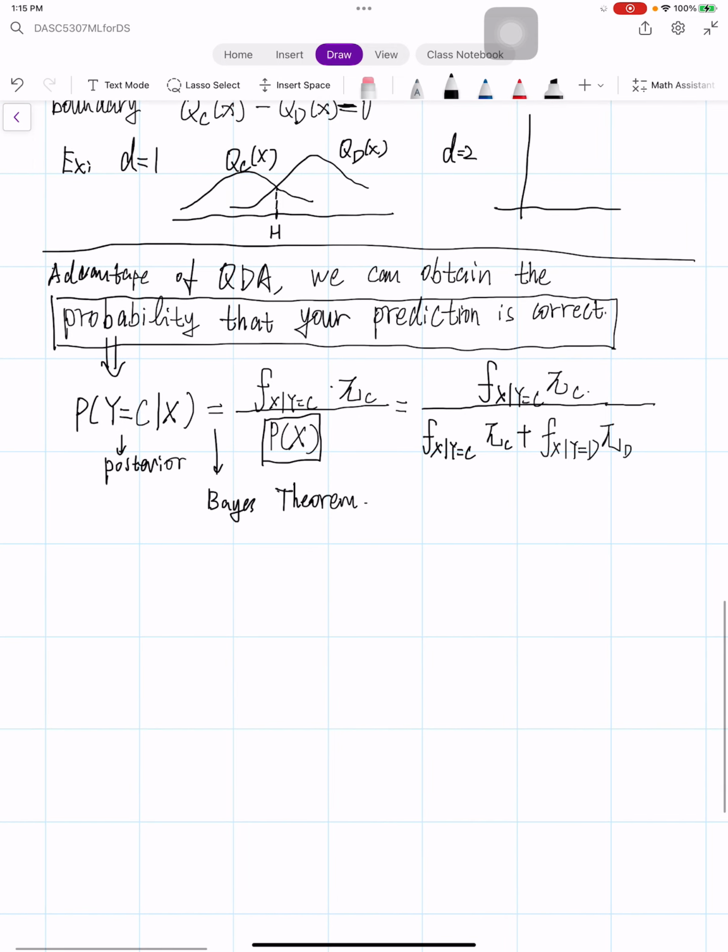And recall, remember we want to present this using the Q function.